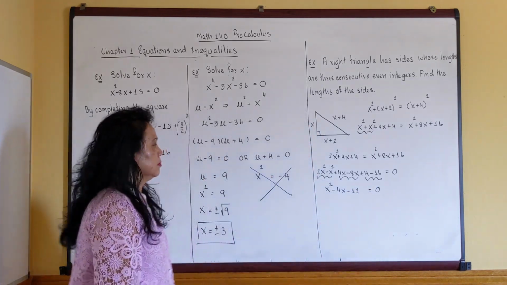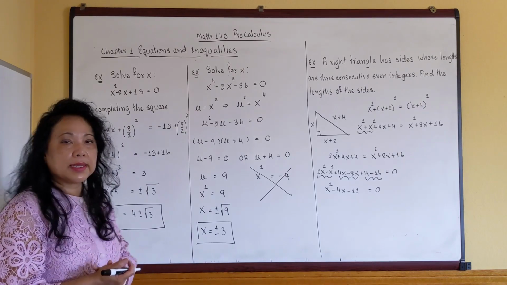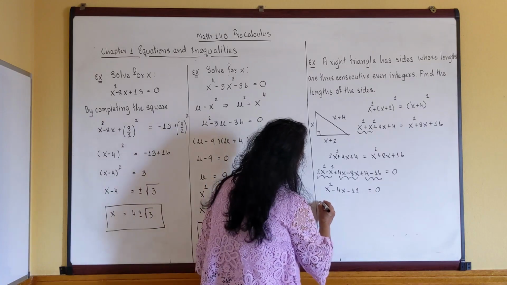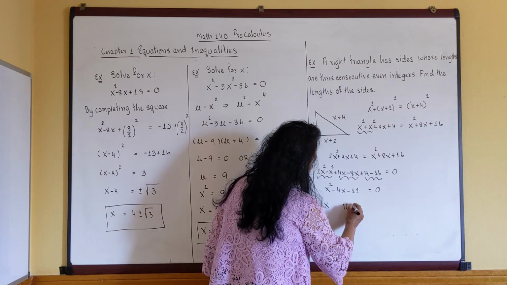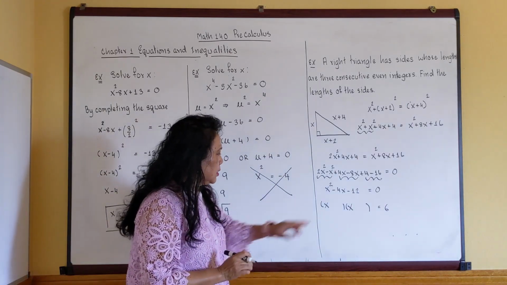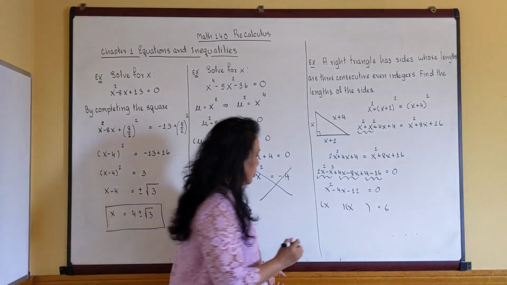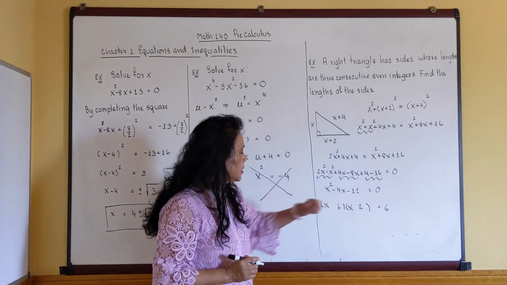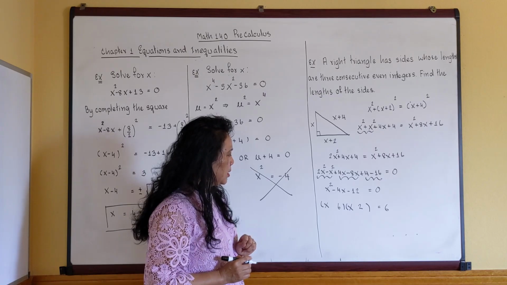I have a quadratic. You can factor the quadratic equation, complete the square, whatever method you prefer. I like to factor because I think it's easier this way. For 12, since it's minus, 6 and 2 would work. 6 times 2 is 12. Minus means one is going to be plus, one is going to be minus.